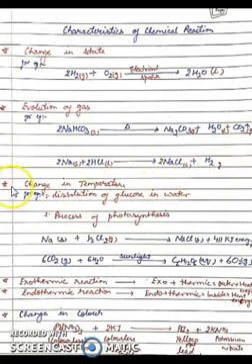Related to that topic, another characteristic is change in temperature. In many chemical reactions, we often observe a change in temperature. This means at the start of the chemical change the temperature is different, and after the completion of the chemical change, the temperature is different. For example, dissolution of glucose in water.